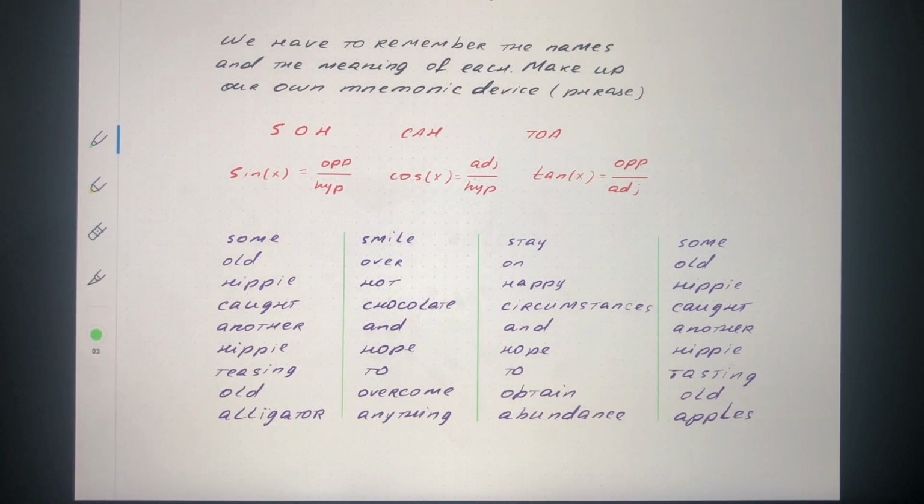Whatever else you come up with, just make sure the easiest way to remember, the most effective way to remember, is to picture it as a movie, as if you're watching a movie, and picture yourself in a movie, picture yourself seeing the old hippie, watching a different hippie, teasing an old alligator, and whatever that old alligator does, that's totally up to you.